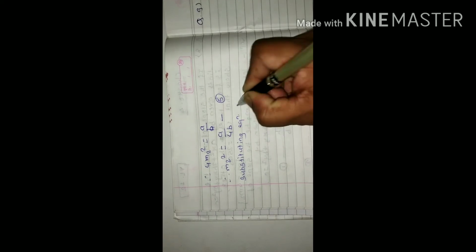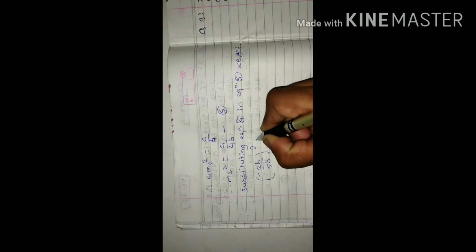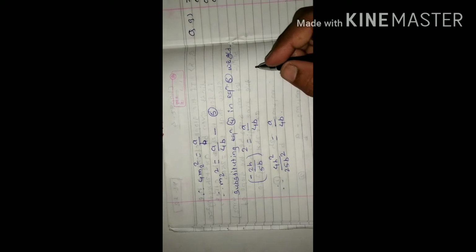Substituting equation number 4 in equation number 5, we get (minus 2h divided by 5b) whole square is equal to a divided by 4b. Taking the square, 4h square divided by 25 b square is equal to a divided by 4b.